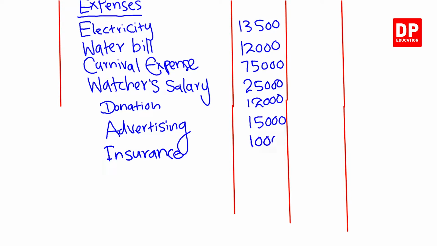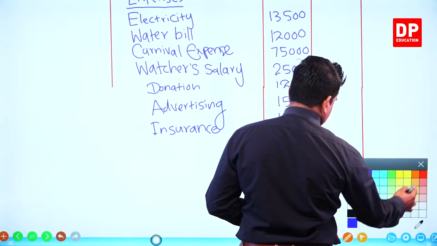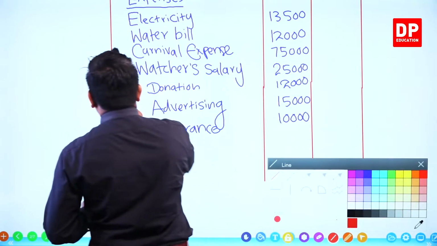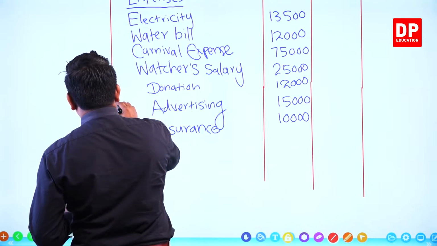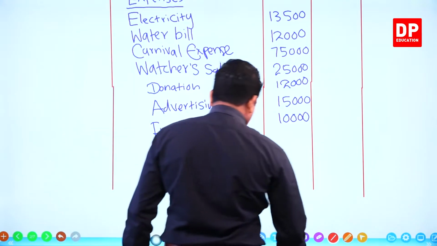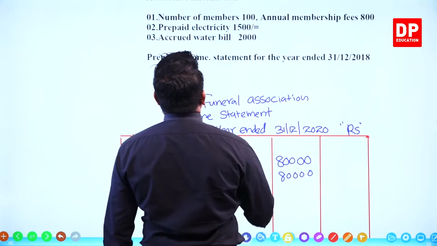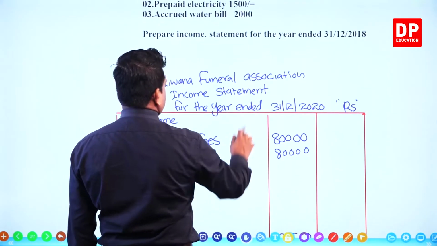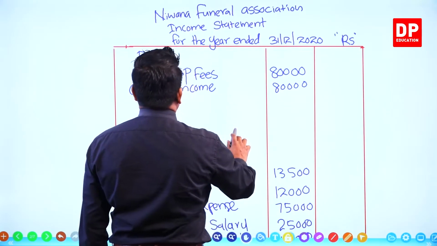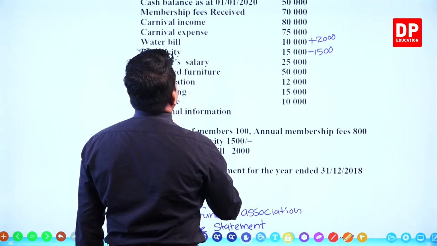Yeah. Okay, I think it's finished now. Check it again. Insurance 10,000. Now that's enough. You can recheck whether the details are correct or wrong. Yeah, correct.